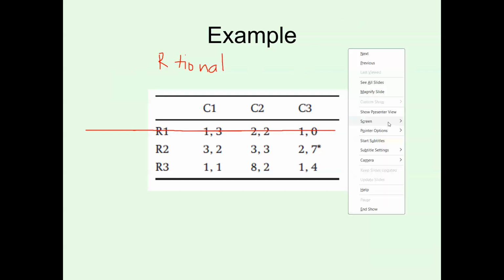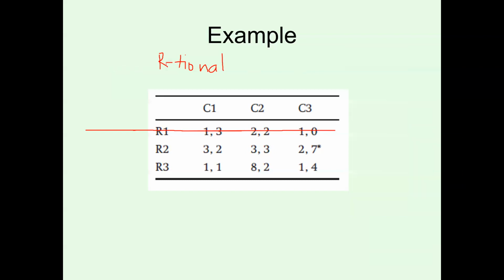So there is no reason for me to assume that he wants to lose or to earn less money than I would, or to get the suboptimal. So I will also look at his strategy. Since I don't have this, I don't need to compare this anymore. I only need to compare the remaining payoffs for R2 and R3.